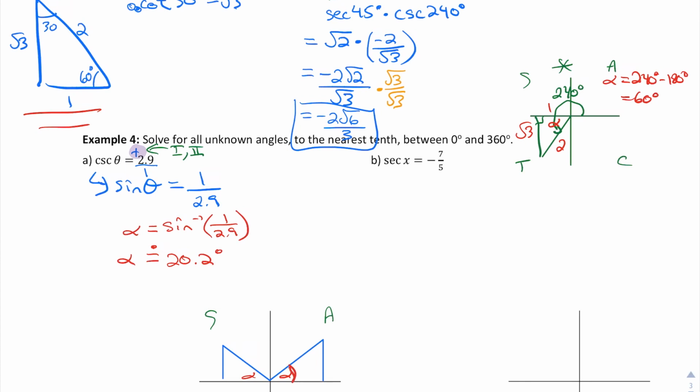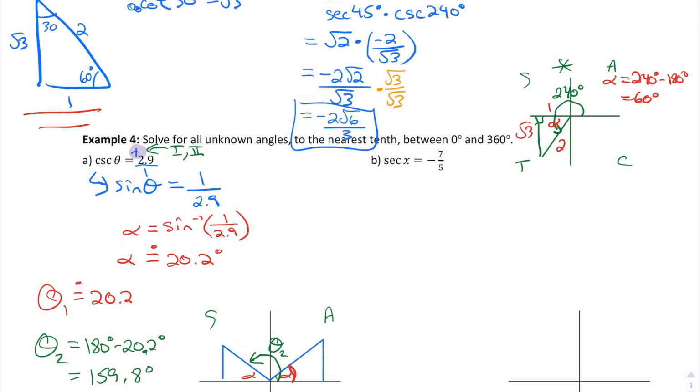Theta 1, which is here, is approximately 20.2. The second answer is going to be this one, which is theta 2. To calculate that one, remember we take 180 minus 20.2. So we end up with 159.8 degrees.